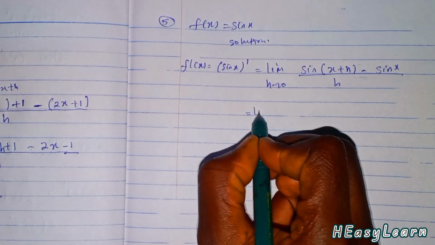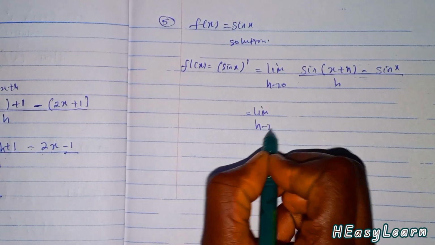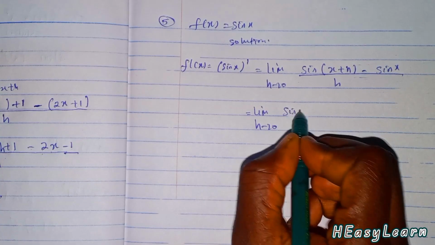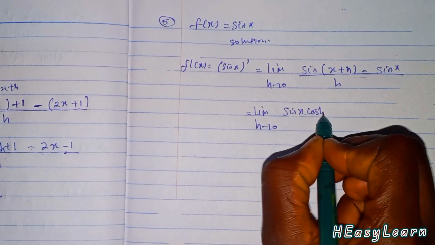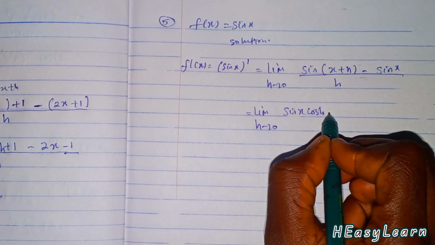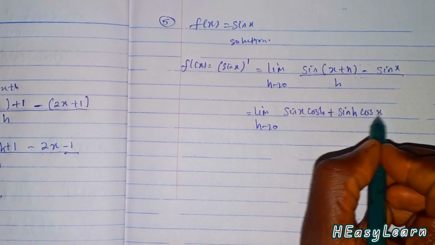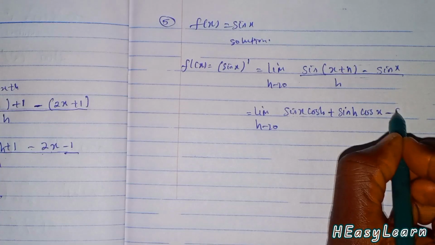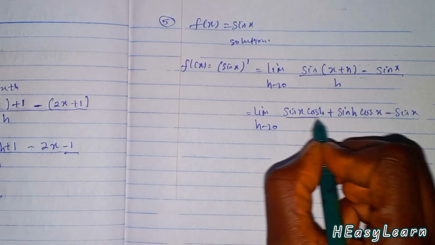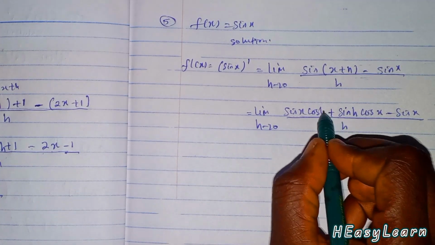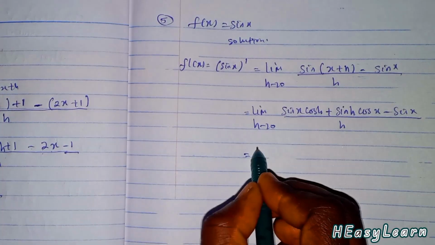This is the same thing as the limit h approach 0, sine x cos h plus sine h cos x, minus sine x over h, by trig. This is the same thing.